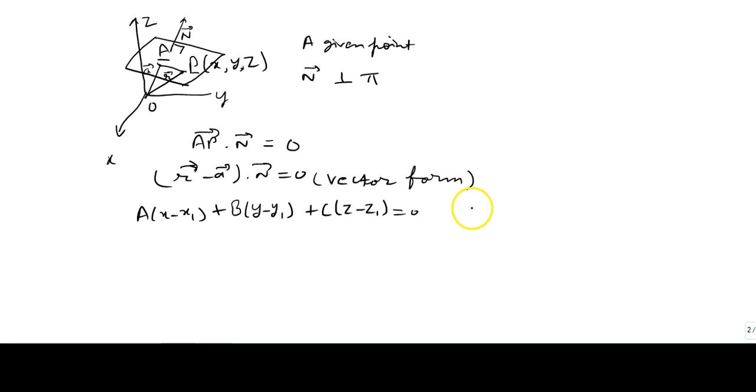Now over here, what are x1, y1, z1? They are the coordinates of point A. And what are a, b, c over here? They are the direction ratios of the n vector. So this is the vector form, and this is going to be the Cartesian form.